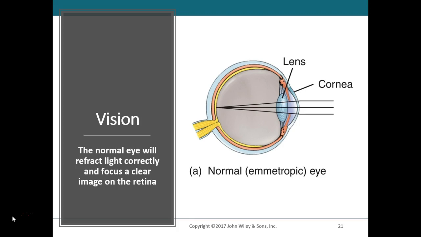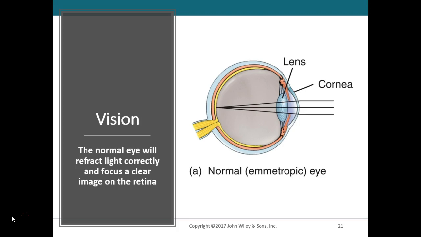All right, so we have normal vision and then we have abnormal vision. Most of you know someone that wears glasses or contact lens to correct their vision. The normal eye can refract light rays pretty much perfectly from a distance of about 20 feet.